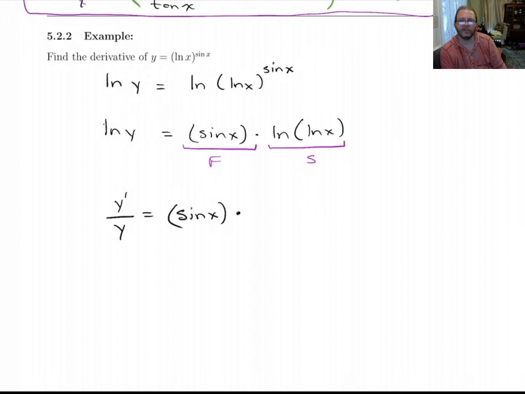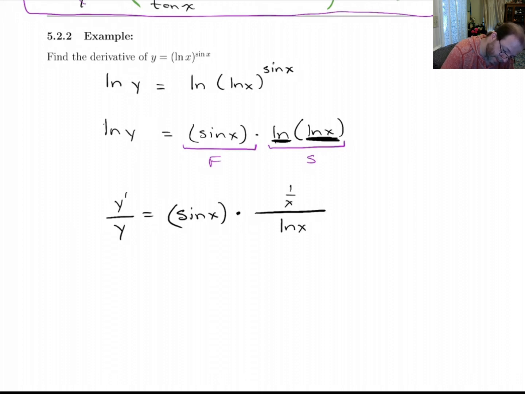Okay, this one is, we've got natural log of natural log. So when I take the derivative of the second thing here, we work our way from the outside in. Derivative of natural log here, we move this natural log to the bottom. And then we take the derivative of natural log and put it on top.